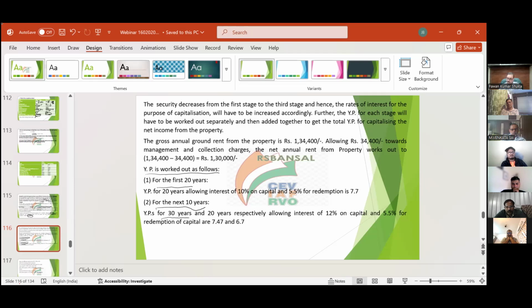So if you calculate YP for 30 years and 20 years respectively, allowing an interest of 12% on capital and 5.5% on redemption, YP will come out to be 7.47 and 6.7 respectively. So see here how to proceed.